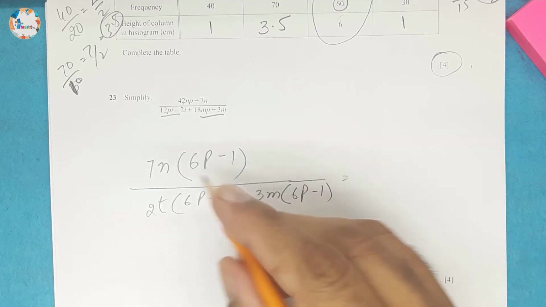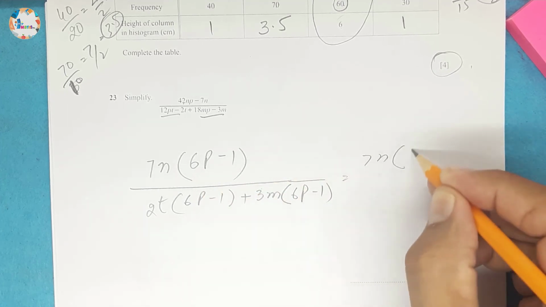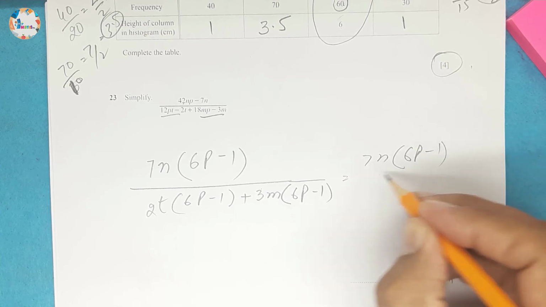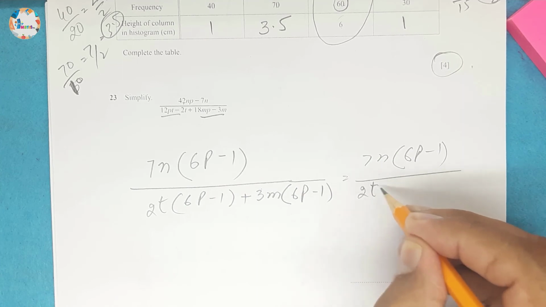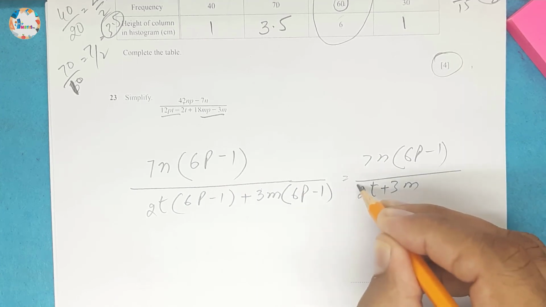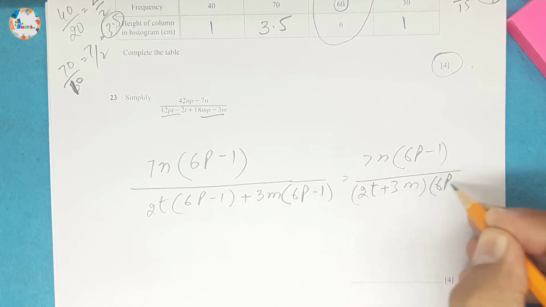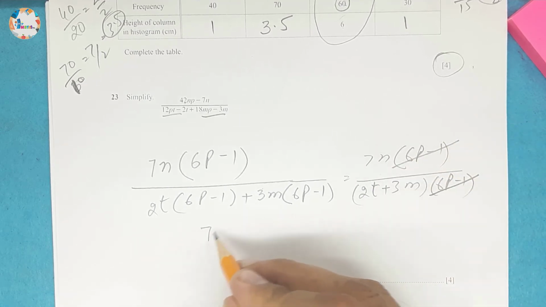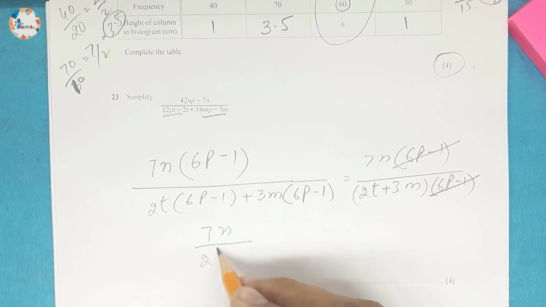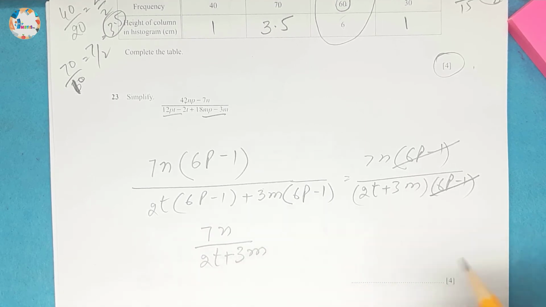Now this is equal to 7n into 6p minus 1, divided by, we can combine this, 2t plus 3m, and the second will be 6p minus 1. This one can be cancelled with this, so the final answer will be 7n over 2t plus 3m, and we can provide 7n over 2t plus 3m as our answer.